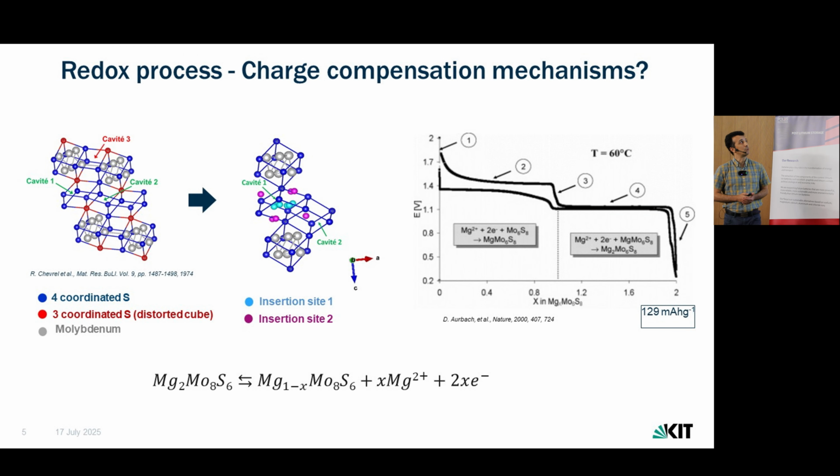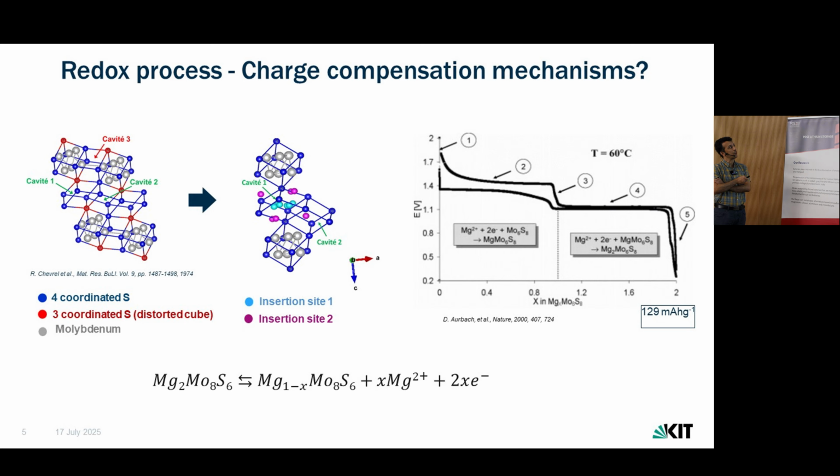So let's go now to the magnesium system and this famous Chevrel phase. Some of you know it, but I will recall what that means. The first Chevrel structure was copper molybdenum sulfide, and this structure is different from typical metal oxide layers, where the metal is organized in certain clusters, with octahedra of molybdenum surrounded by sulfur.